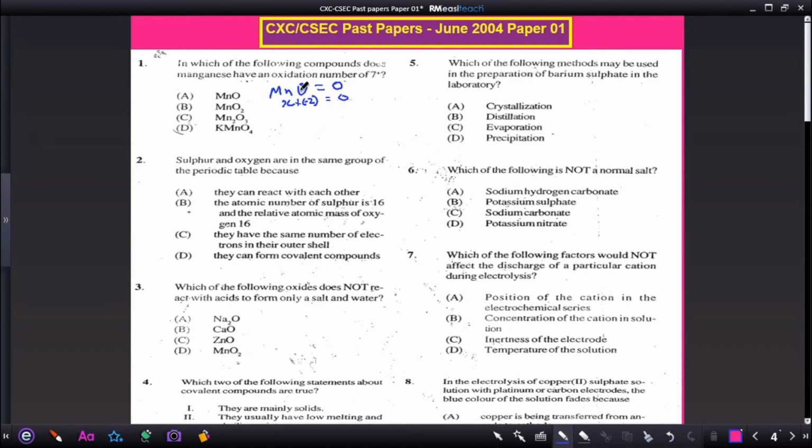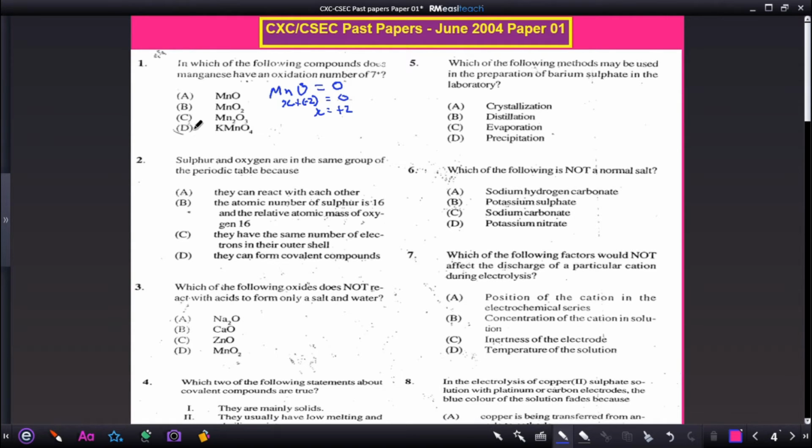So in this case, for A, manganese has an oxidation number of +2. We'll rearrange this equation to get +2. So if oxygen is -2 and it's a neutral compound, then what number should manganese be in order to cancel out the -2 from oxygen? That is +2. So we can use that to quickly identify the others.